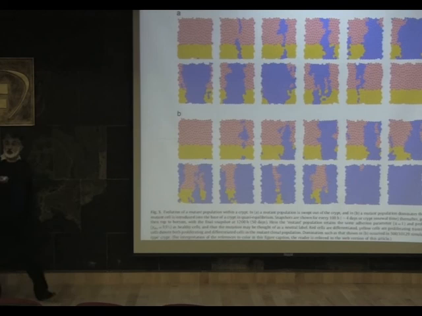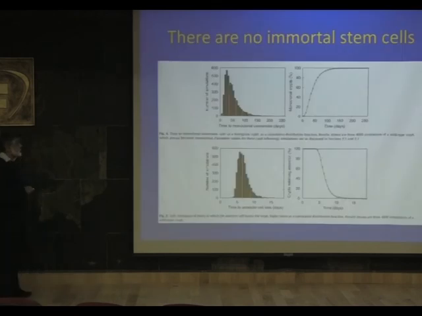And this is called monoclonal conversion. It's the idea that these crypts are all of one clone. And so what we can do then, using this type of model, is find out how long does it take for there to be monoclonal conversion? And here we can find out that all the crypts are monoclonal.